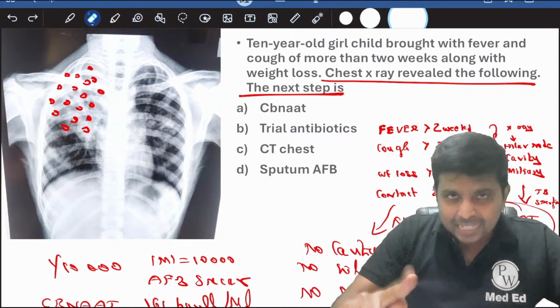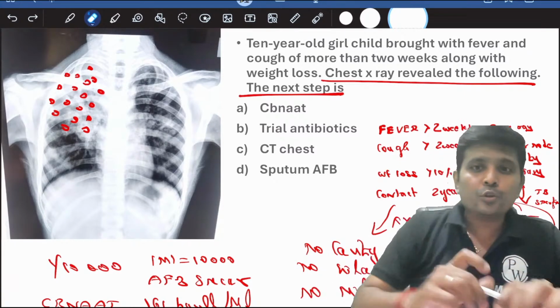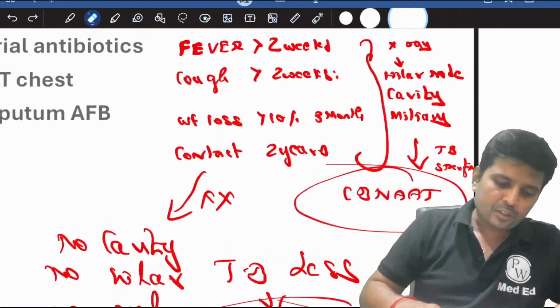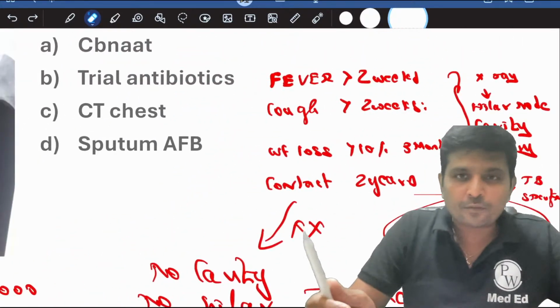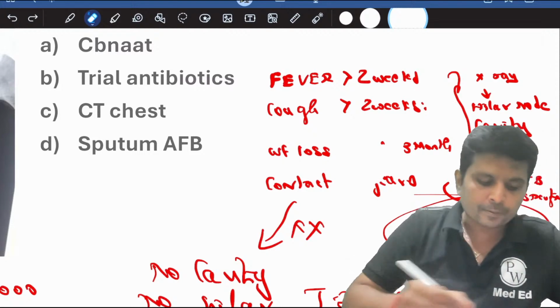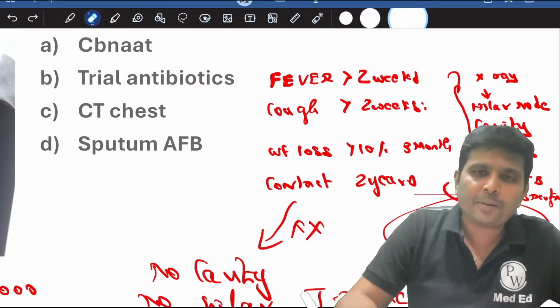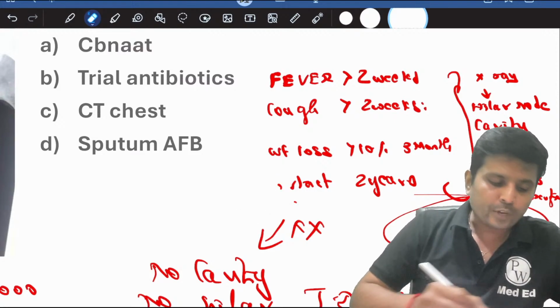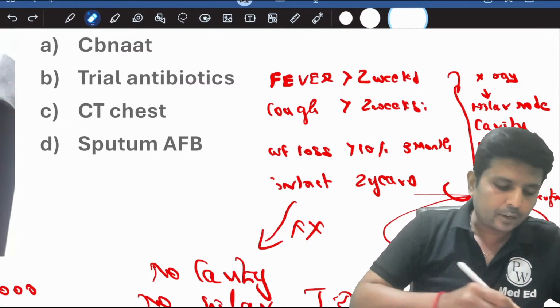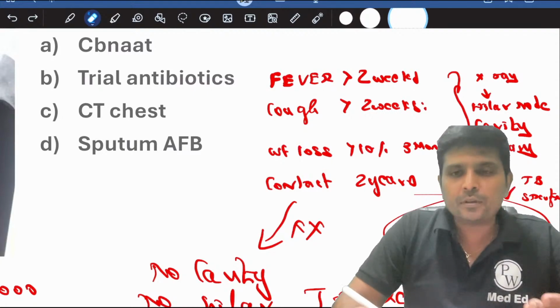So the next step is you need to do an X-ray test. Look at this: fever more than 2 weeks, cough more than 2 weeks, and then weight loss. I am sorry, I misplaced weight loss. Previous guidelines are 5%, now 10% in the past 3 months, and a contact who took ATT within 2 years is called a TB index.